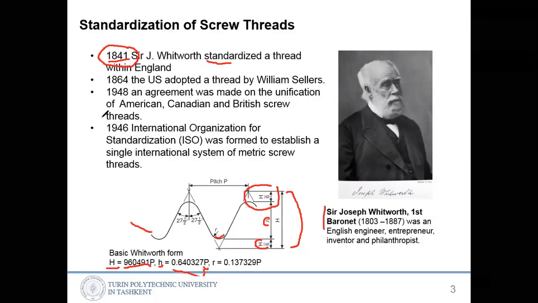After this, there are good points of standard threading, and bad points also. We have to understand, as a manufacturer or as an engineer, the advantages and disadvantages of the threadings. What's the advantage?